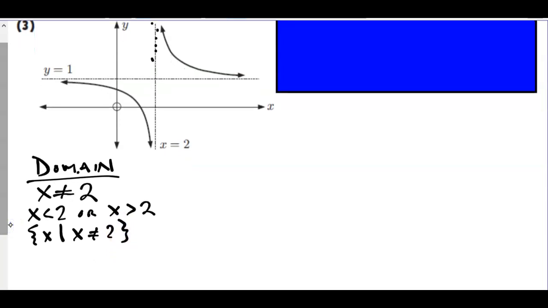Let's try it. x is an element of the interval from negative infinity to positive 2. Do we include infinity? Never. Do we include 2? Not in this case. But that is only the left-hand side. We're going to do a union, which means or, with another interval.